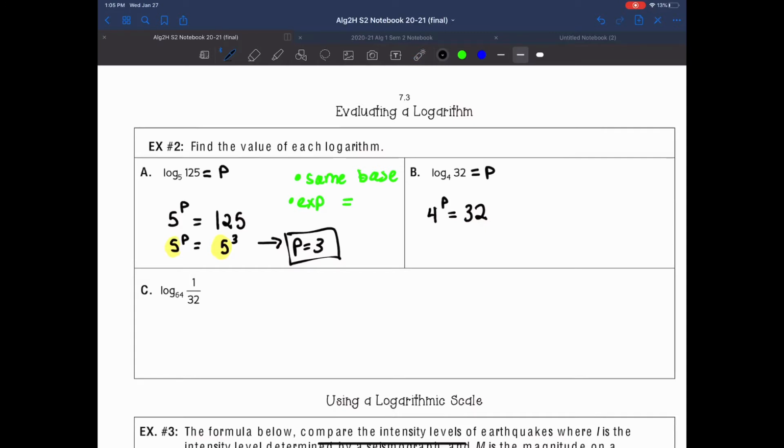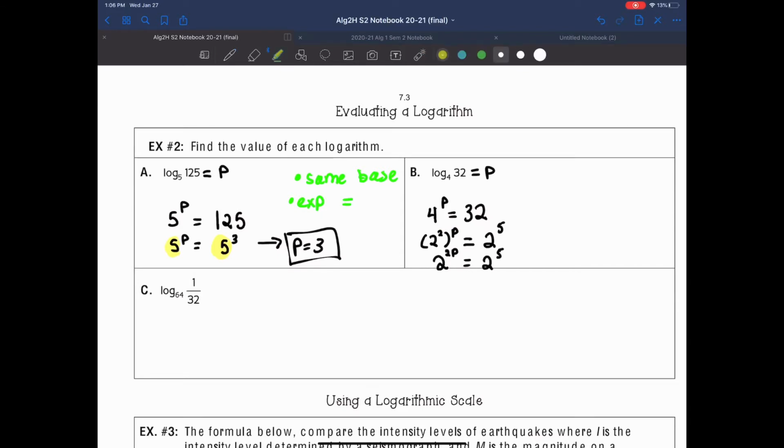So instead of 4 to the power of p, I'm going to have 2 squared to the power of p is equal to, instead of 32, 2 to the power of 5. Now, we have a power raised to a power here, so I could rewrite that as 2 to the 2p, because if we have a power raised to a power, we multiply, and that is equal to 2 to the power of 5.